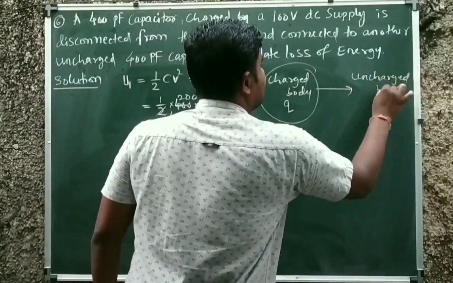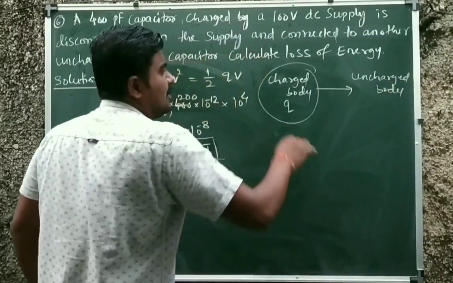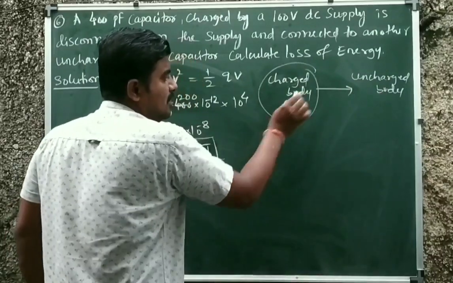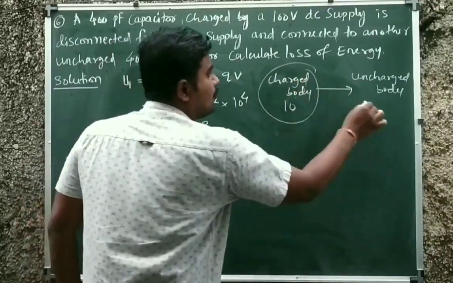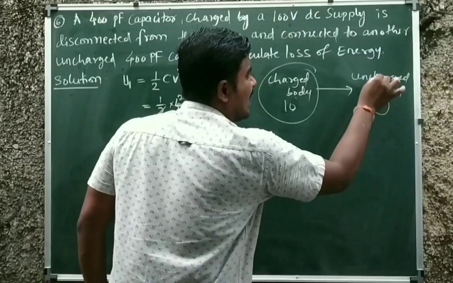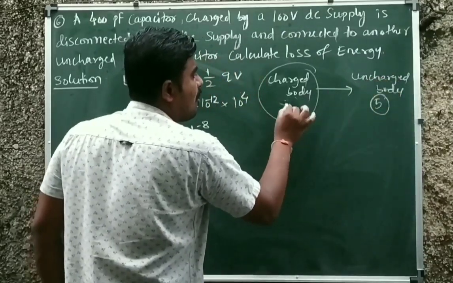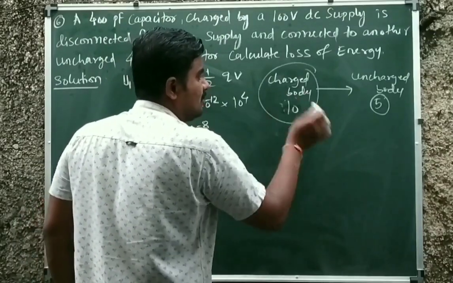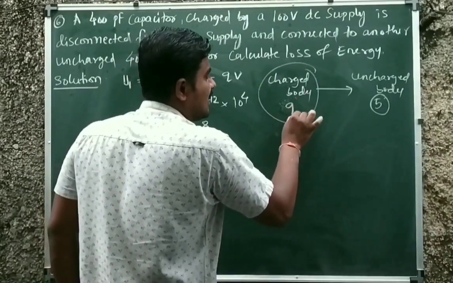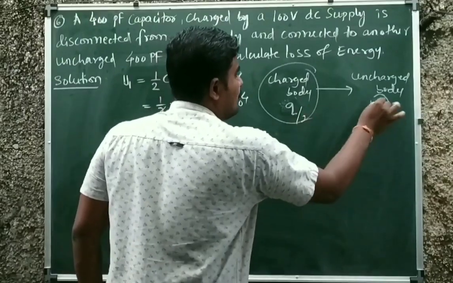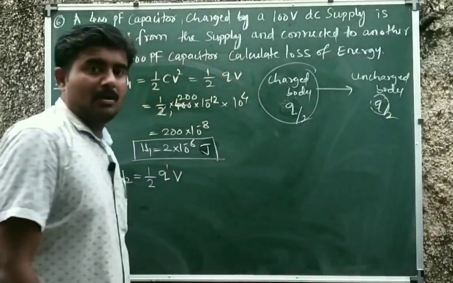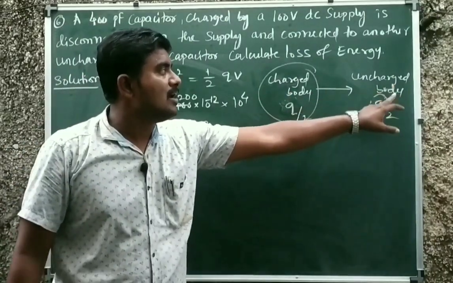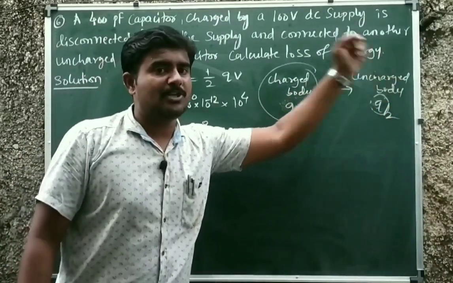The moment we connect the uncharged body to the charged body, half of the charge will flow. For example, if 10 charges are there, 5 charges will go and settle on the uncharged body and 5 charges will remain on the charged body. If Q charges are there, then Q/2 will be located on the charged body and Q/2 on the uncharged body. The uncharged body will become a charged body now.